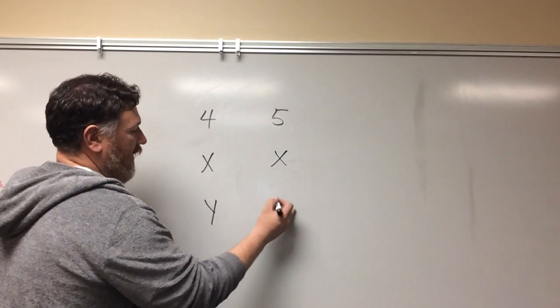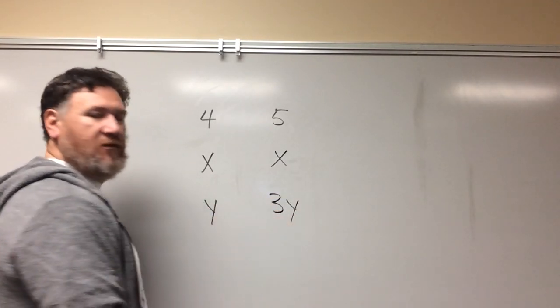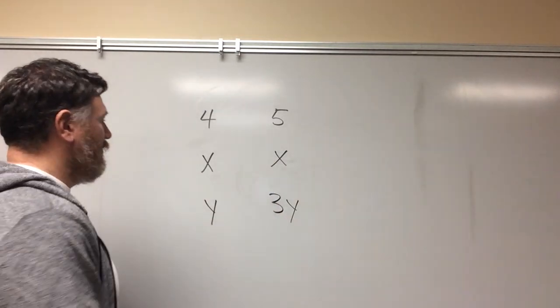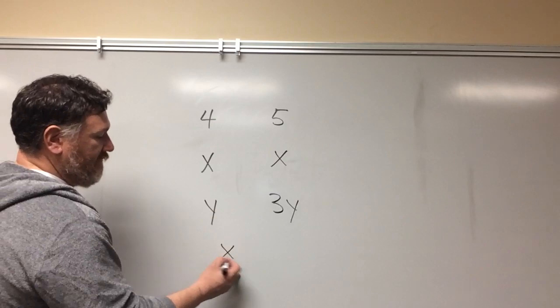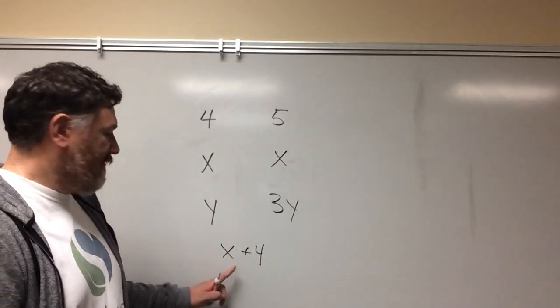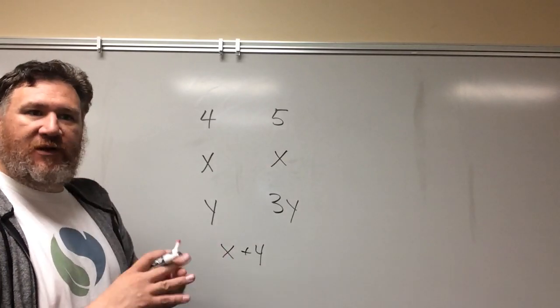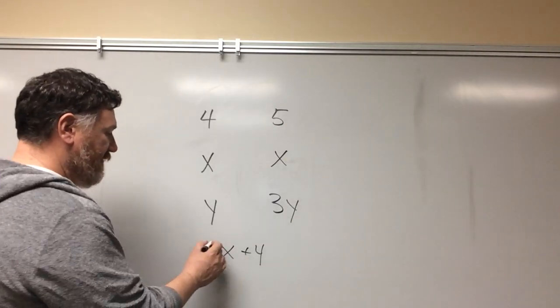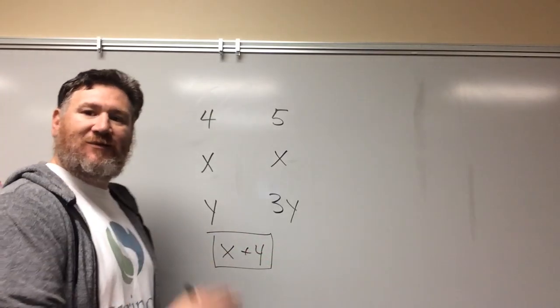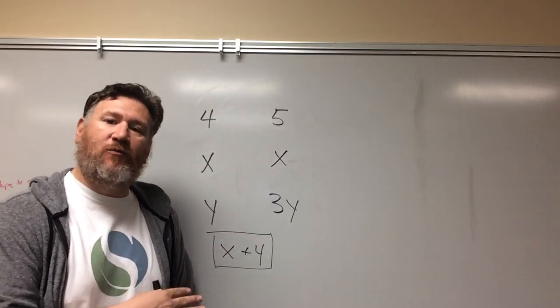A Y and 3 Y's would give me 4 Y's together. What I can't do is put an X and a Y together. These are 2 different things. There's your apples and your bananas. I can't put them together and figure them out, so I would just have to leave it like this, and that would be the simplified form. That's the simplest form of this problem right now.